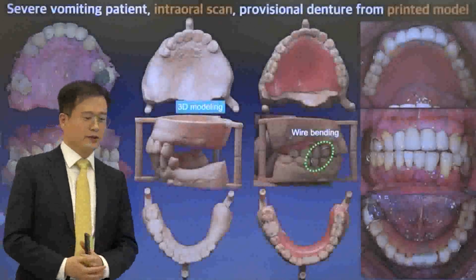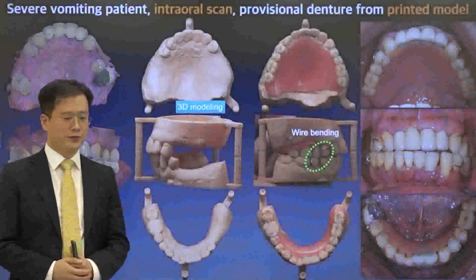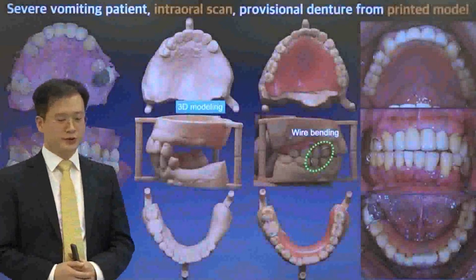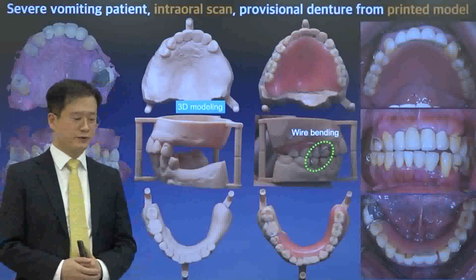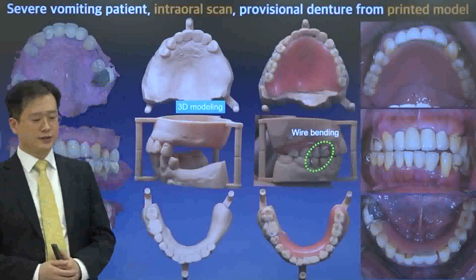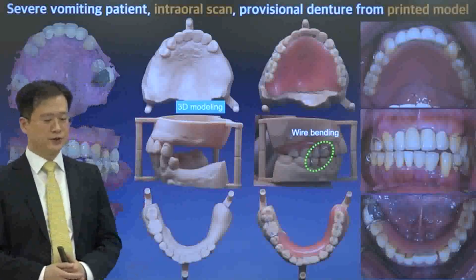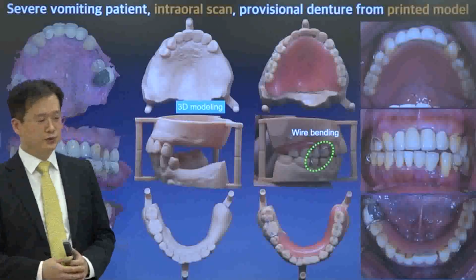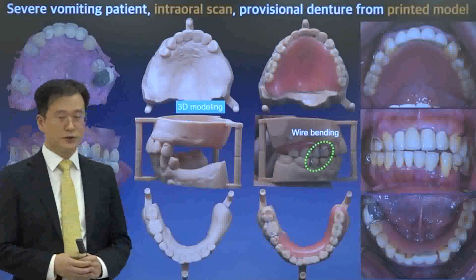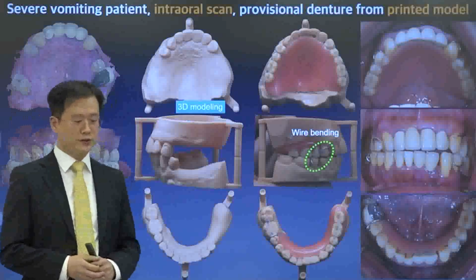The intraoral scanner helped me solve the problem, and I could make a provisional denture for a patient who had a severe gag reflex. In this case, the intraoral scan data was modeled by 3D printing to make provisional dentures with wire clasps on the model.